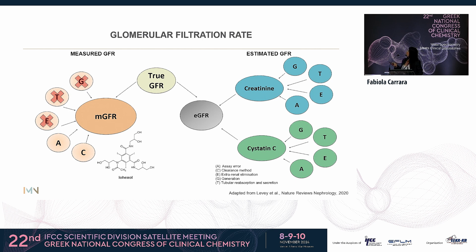To measure GFR, we can administer exogenous substances such as iohexol, iothalamate, iopamidol, and so on, or it can be estimated using endogenous compounds such as serum creatinine or serum cystatin C. However, these endogenous compounds are affected by errors such as extrarenal elimination, tubular reabsorption or secretion, generation, and assay error.